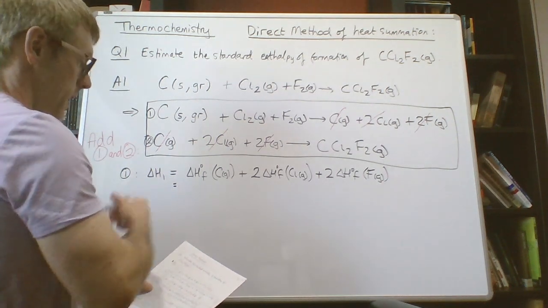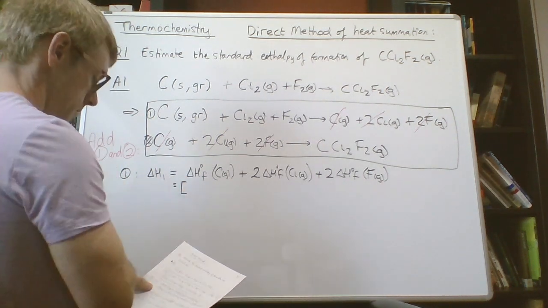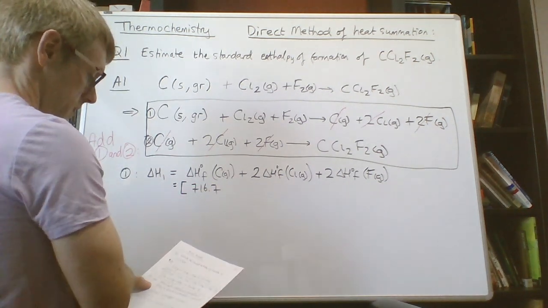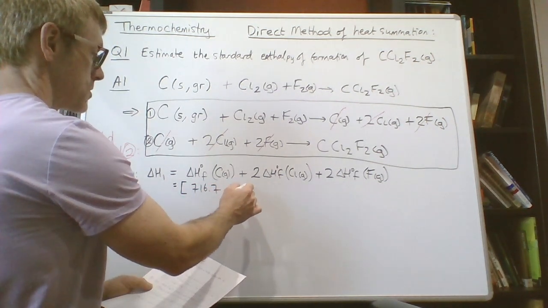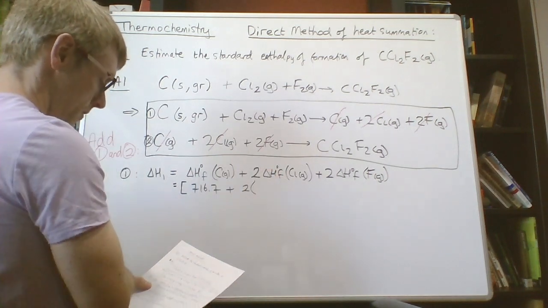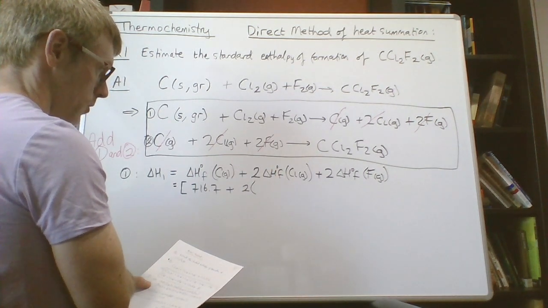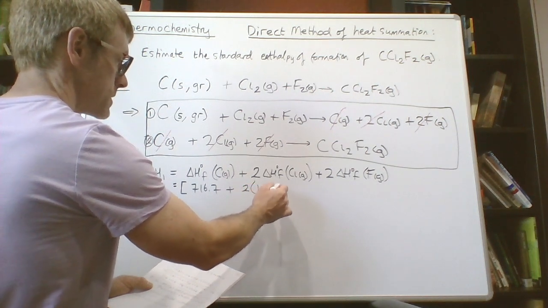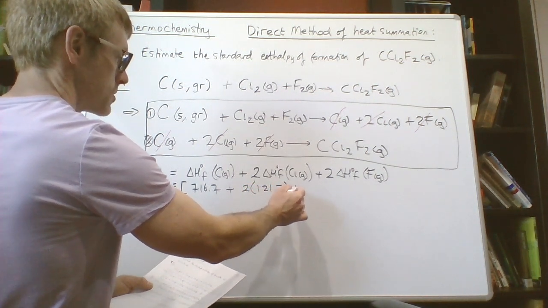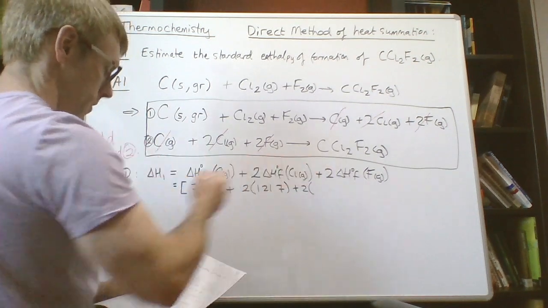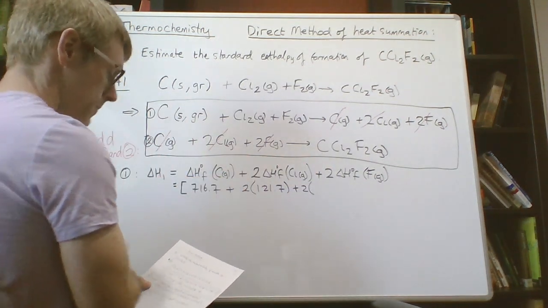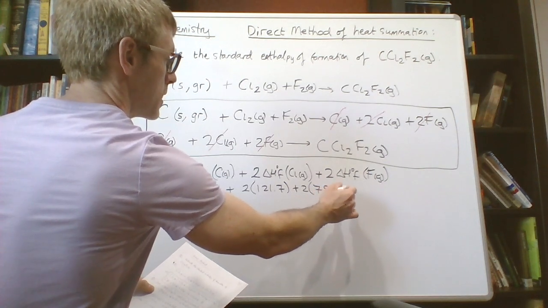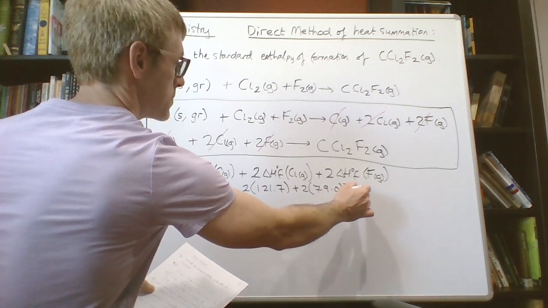That's going to give me, again, if I look at it, the values in a table, 716.7 kilojoules plus twice the value I find for chlorine, which is going to be 2 lots of 121.7 kilojoules, plus twice the value I find for fluorine, which is 79.0 kilojoules, all in units of kilojoule.